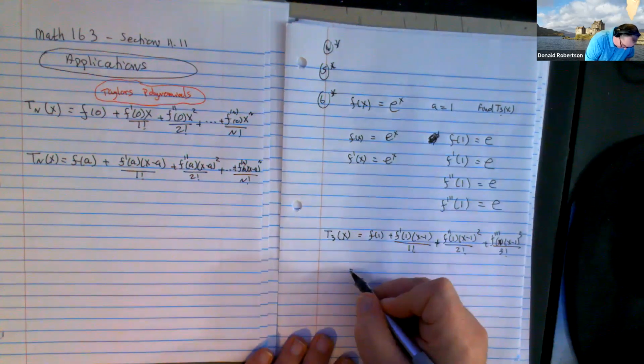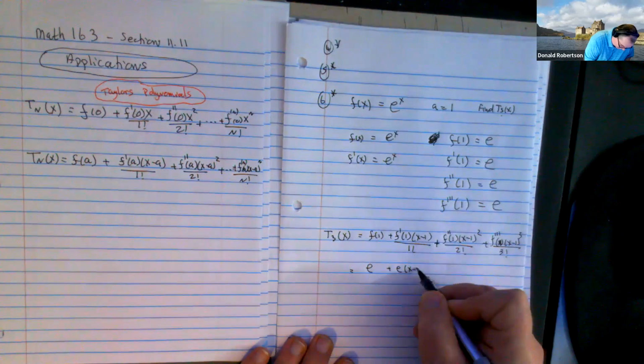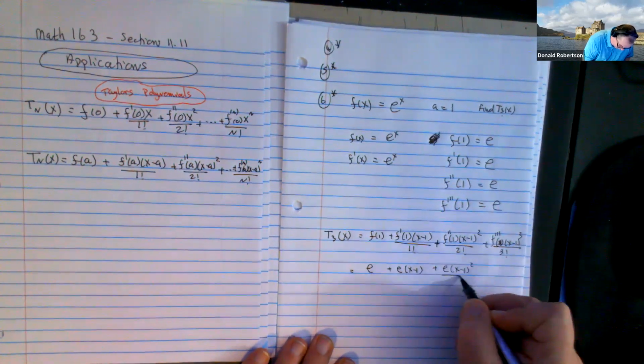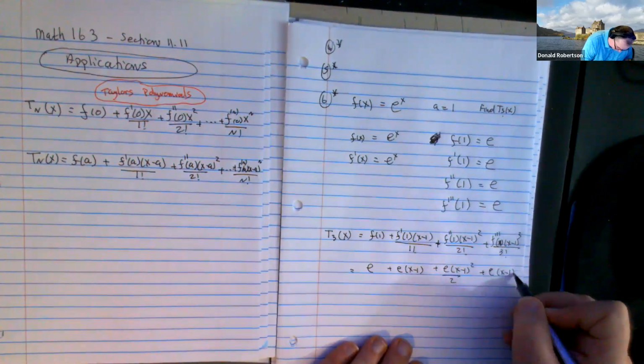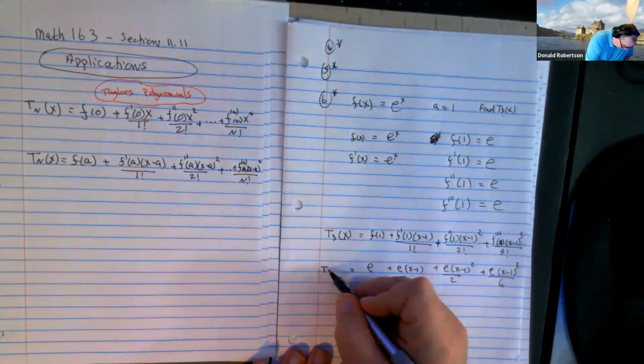And so it's e times x minus 1 over 1 factorial plus e x minus 1 squared over 2 factorial plus e x minus 1 cubed over 3 factorial. And here is T3 of x.